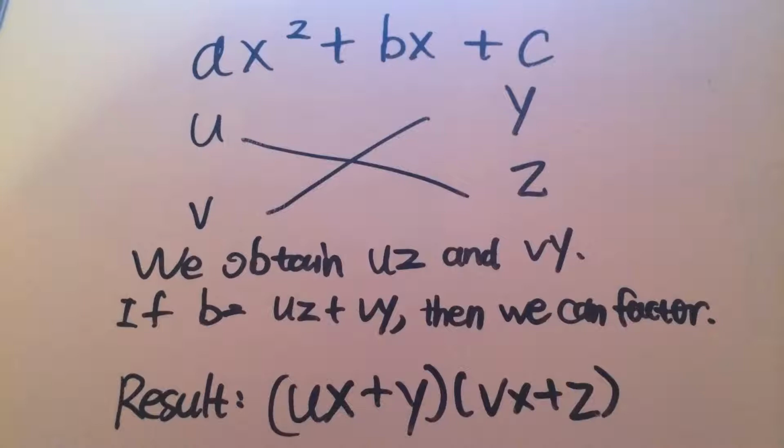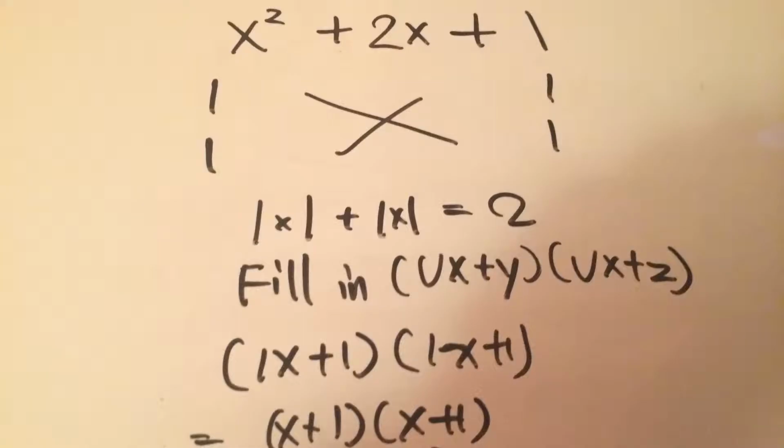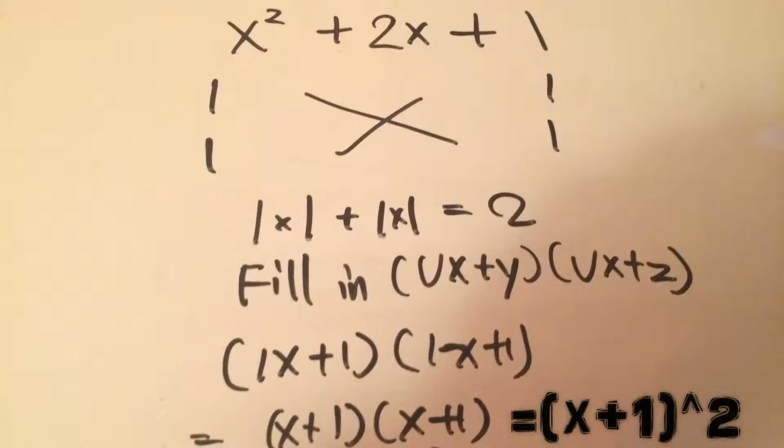Now we are going to demonstrate the criss-cross method with two examples. First, we are going to demonstrate the criss-cross method with the quadratic polynomial x squared plus 2x plus 1. First of all, we should write down the factors of the first term x squared, which is 1 and 1.